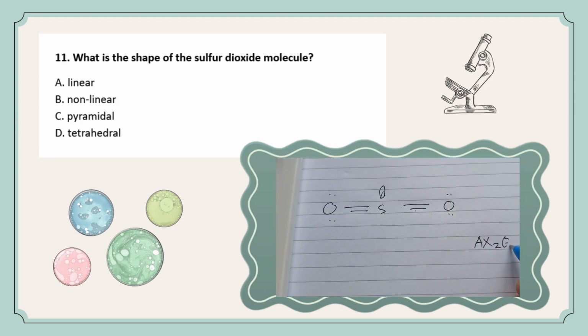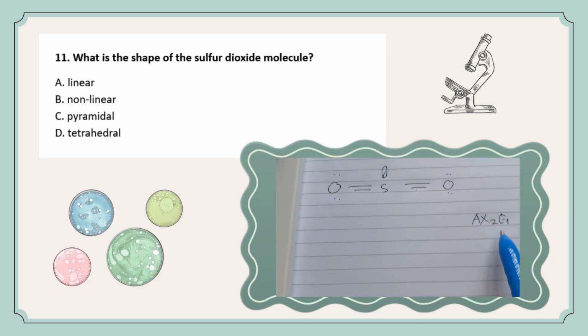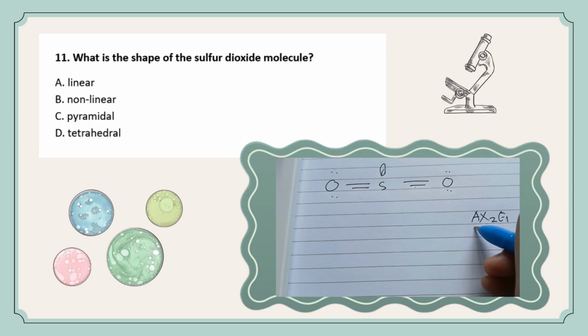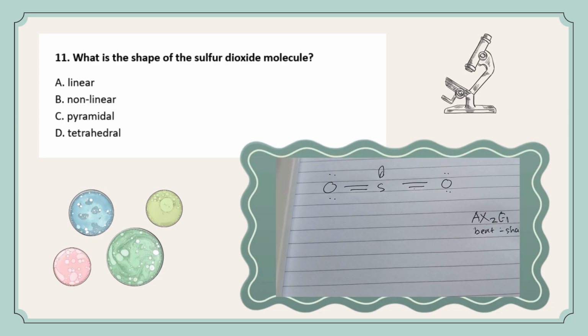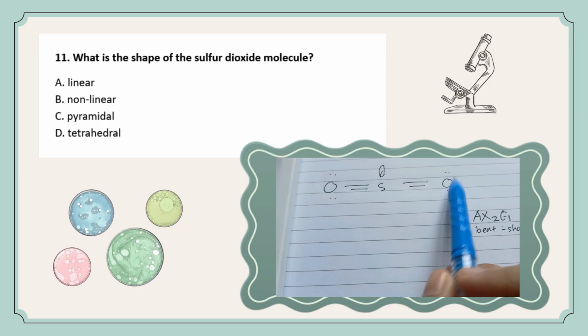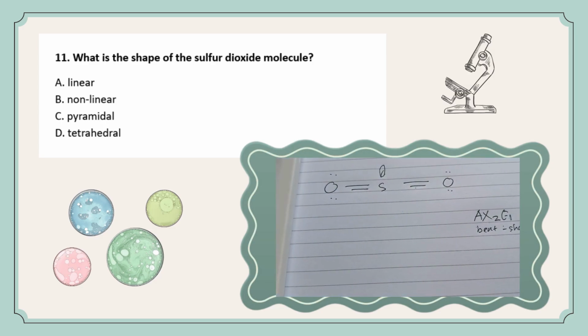So we have AXE1. This is bent shape. In the options there is no bent shape. We only have A linear, which this is not, B non-linear, pyramidal and tetrahedral. So the answer is B, non-linear.